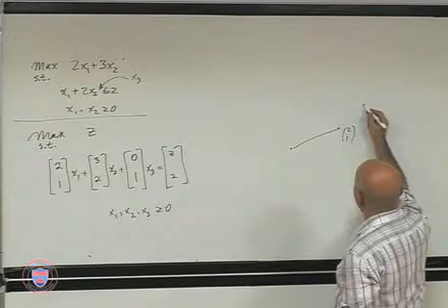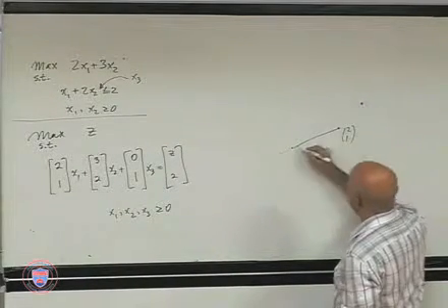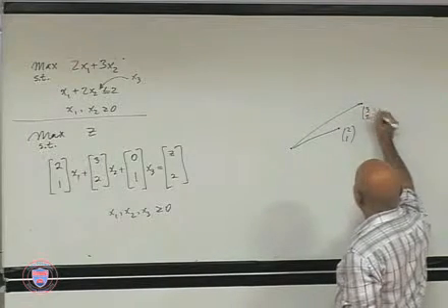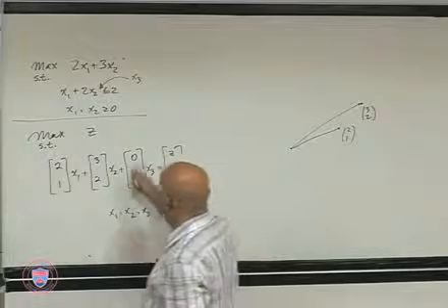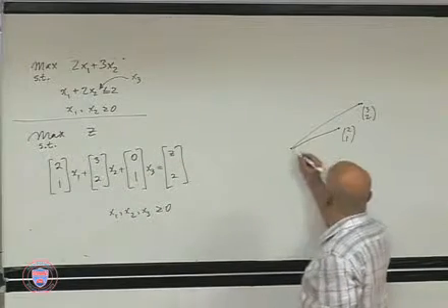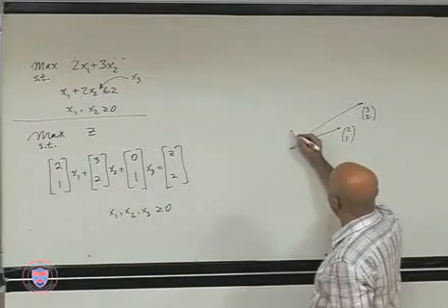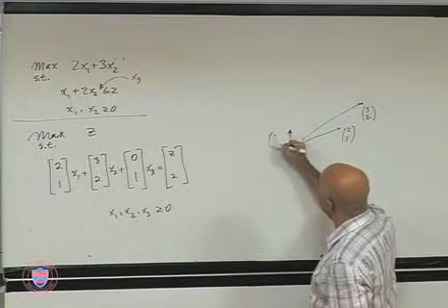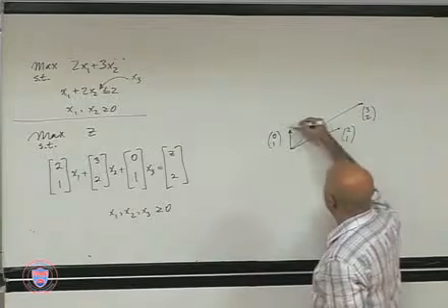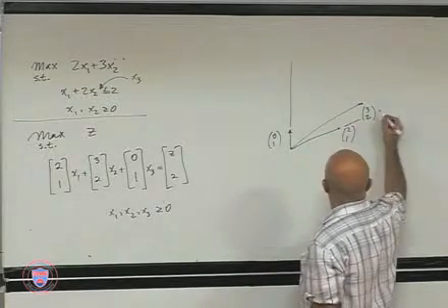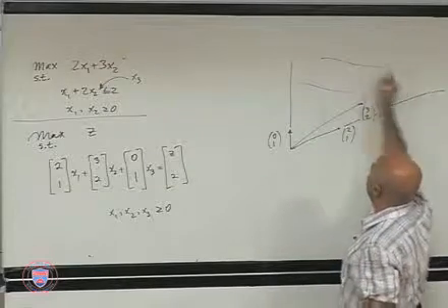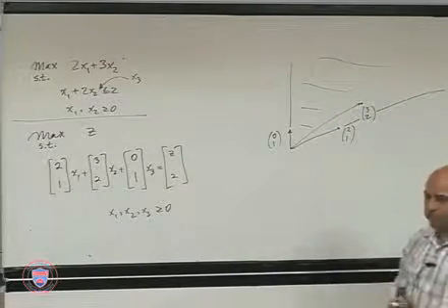I don't know if that's 2 units. Anyway, I'm doing this approximately. That's your 3, 2. And you've got 0, 1, which is this point. So my cone, in this case, is what I see here. Okay?